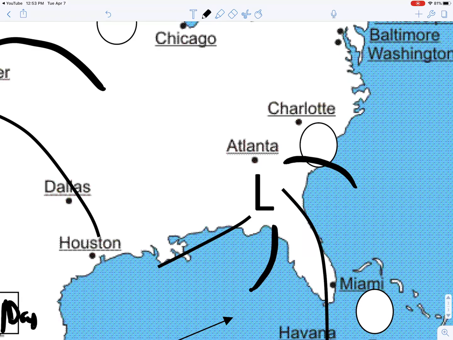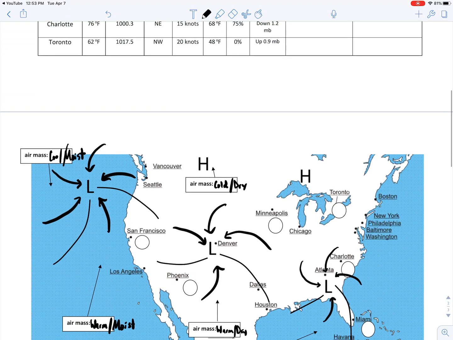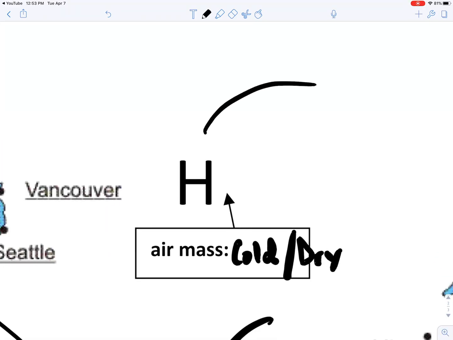Well, let's get all of our low pressures done, right? We've got another one here, let's see, one more here, maybe like this. Our low pressures have winds flowing inward and upward, but also swirling counterclockwise.